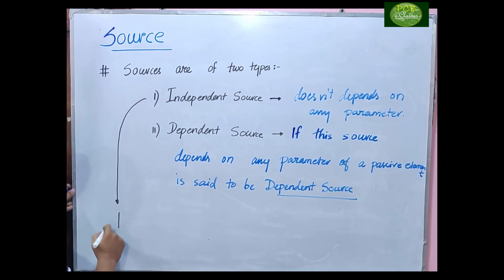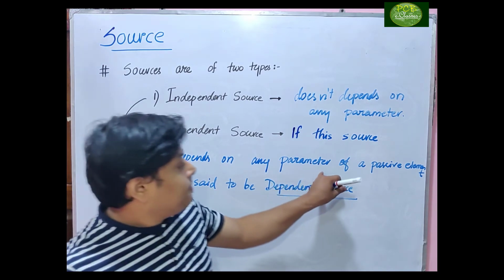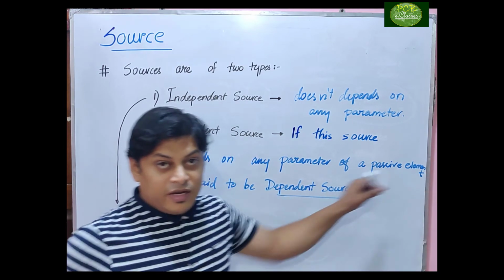If it is a battery source, if it is a battery, is it depending on any of the voltage or current? No, it has itself its voltage which will pump some of the current. So it is independent of any of the element, any of the parameter of a passive element. It is independent.